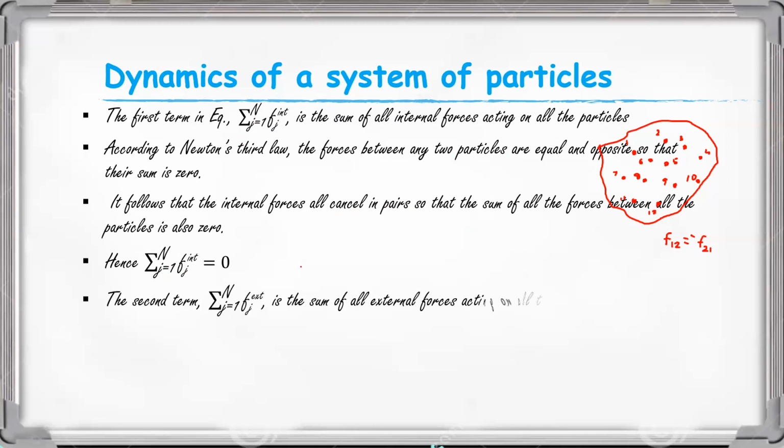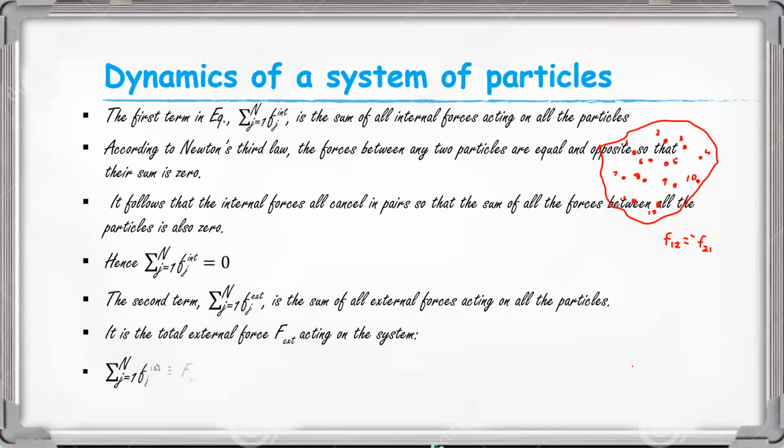The second term is the sum of all external forces acting on all the particles. Okay, it is the total external force. I write it as capital F external. So F external is equal to summation over j equal to 1 to n Fj external, that is equal to what?